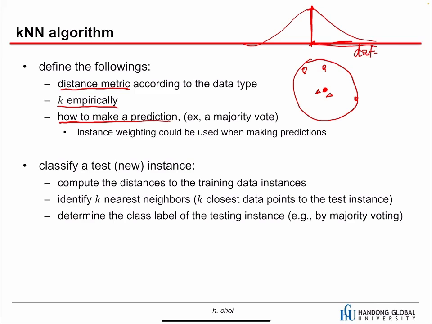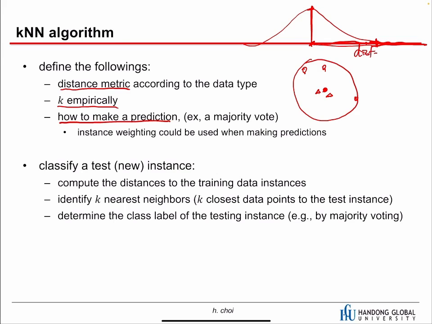If the distance is far, then we can put a small weight. And if it's really, really far, I think we cannot have that kind of distance because we are talking about neighbors. So maybe we can have some samples around here, but this one will have a small weight.